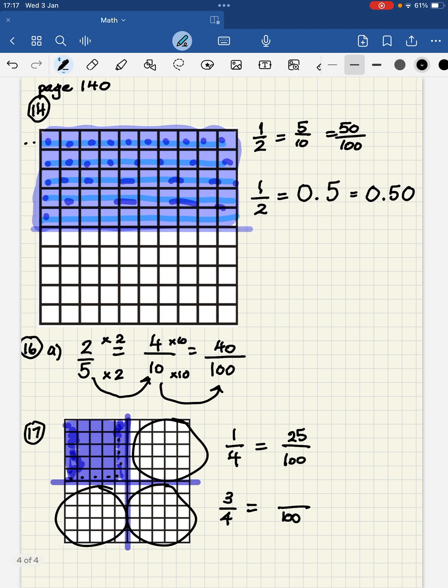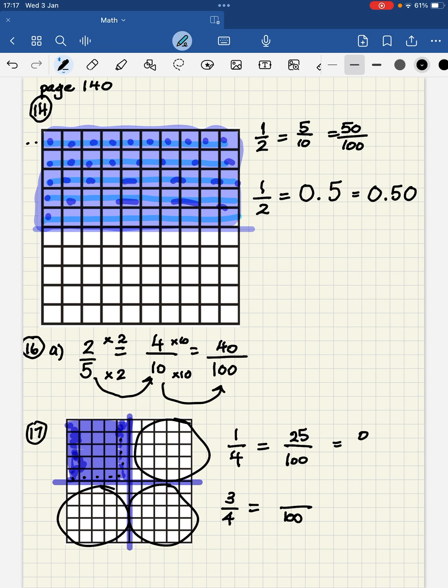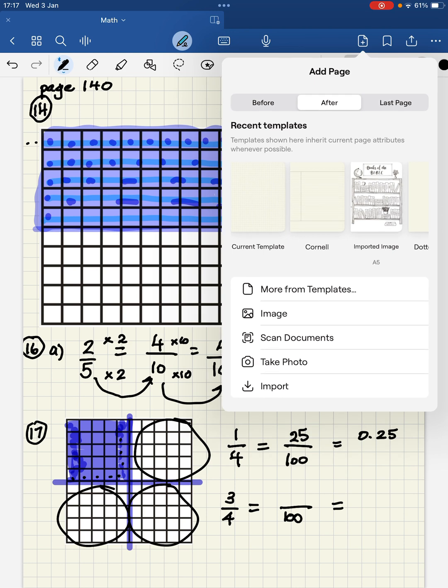And then for our decimal, well, we would write this like 0.25 because that's in the hundredths place. And we would do the same thing for our 3/4 once you know that. Okay, so I'll let you finish number 17. Okay, and then pause the video and we'll go on to number 18.